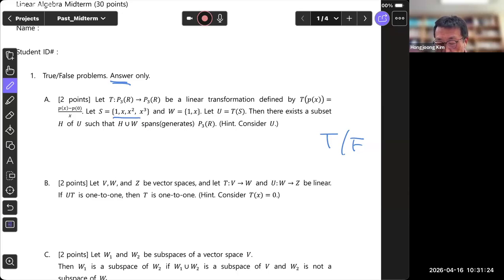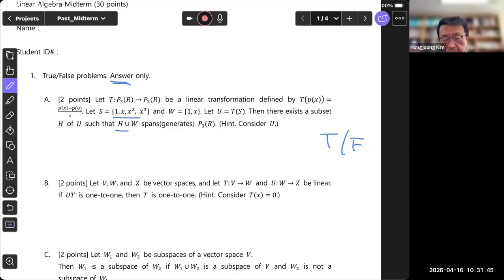And then my claim is there exists a subset H of U such that this spans the P3 space. If you believe it is true, you can mark T, true. If you believe it is false, you can mark F.